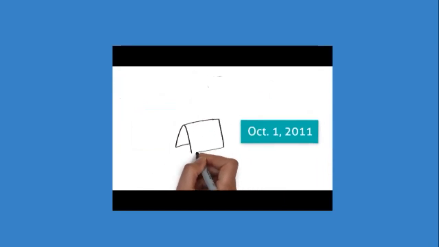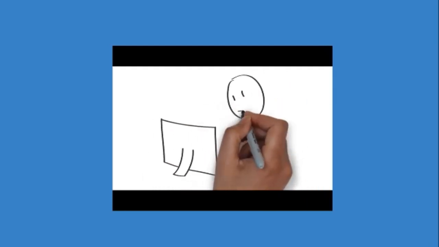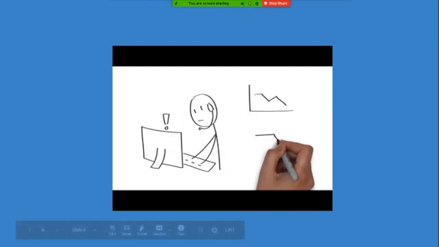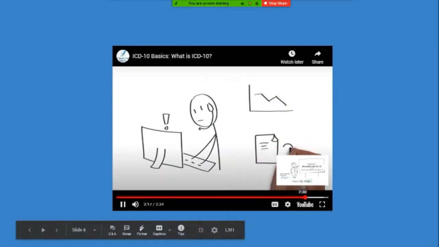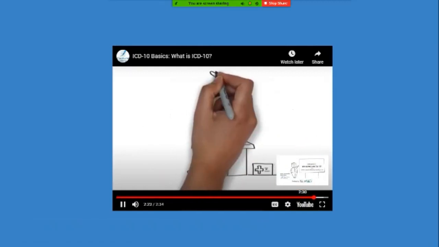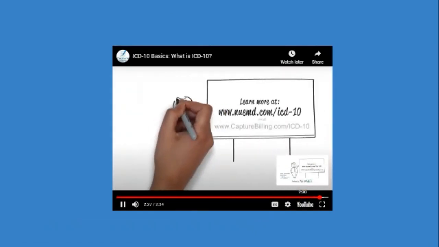When will ICD-10 be implemented? It's already been changed a few times. Will it be postponed once more? Only time will tell. Keep in mind that whenever ICD-10 takes effect, by not coding and documenting properly, your revenue and cash flow will suffer, and you will have to spend a lot more time correcting, appealing, and resubmitting claims. Oh, and did I mention that the AMA said it would cost practices thousands of dollars to implement ICD-10? Nuts, huh?